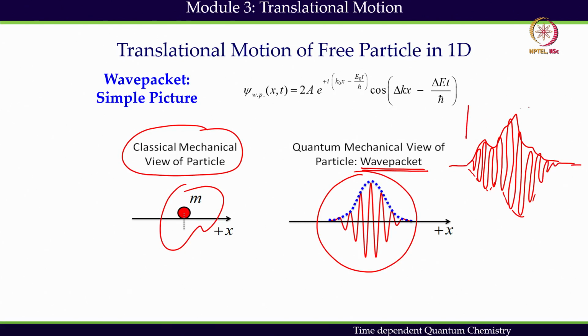As long as it is a localized matter wave, it can represent the particle, and the actual shape of the wave function of the wave packet depends on the potential it will experience during the motion.